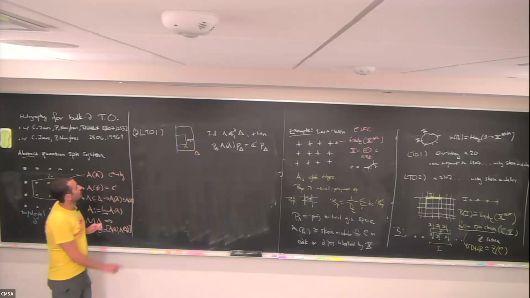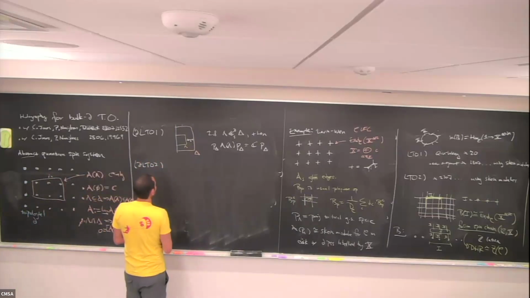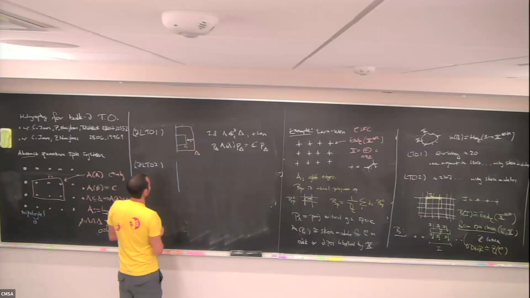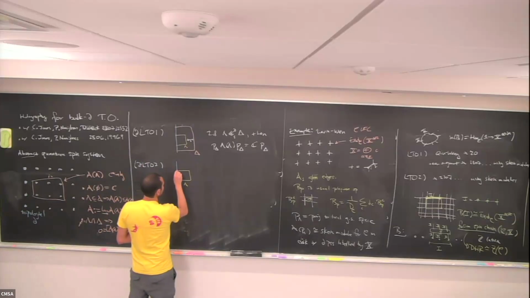And then boundary LTO2. Now I have my topological boundary. I've got my lambda, but now delta is again going to share one side.